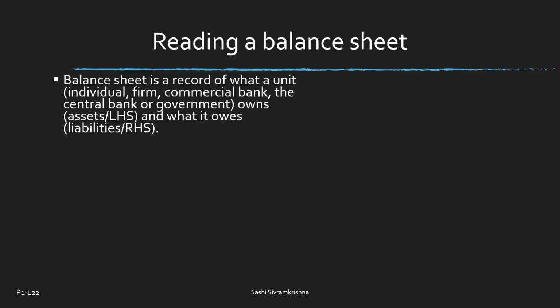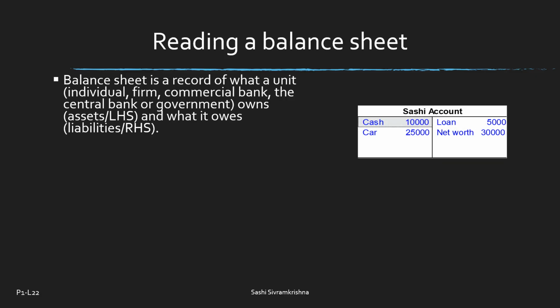The balance sheet is nothing but a record of what an entity or an economic unit, like an individual, a firm, a commercial bank, the central bank or the government, owns, which are its assets, and what it owes, which are its liabilities. Here we see a very simple balance sheet of an individual, Sashi.